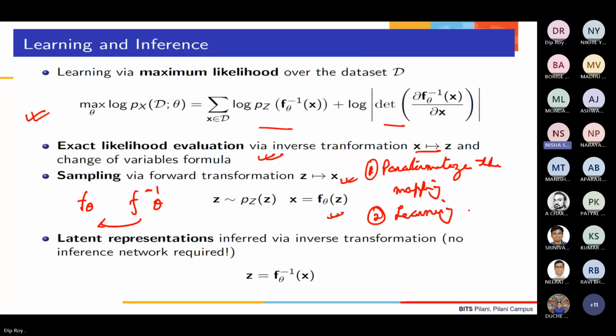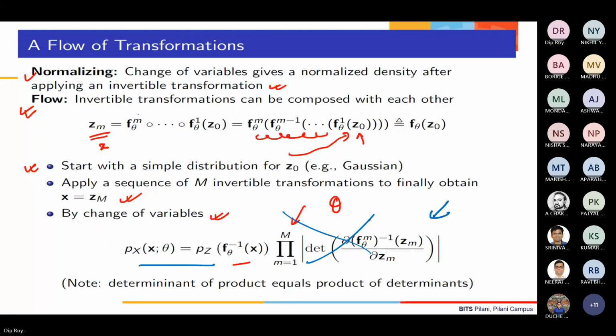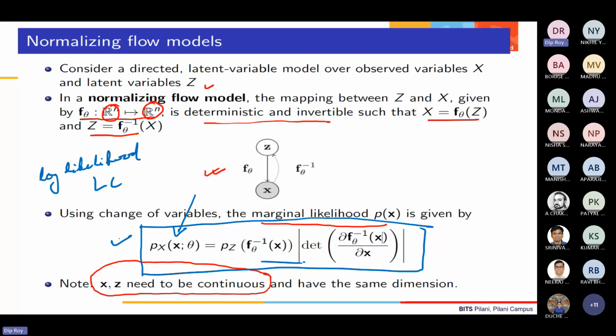So, sir, this max log of. Can you just elaborate a little bit on this? Like, how did it come from there? So the formula is this change of variable formula. This is the probability density of a particular data point, right?